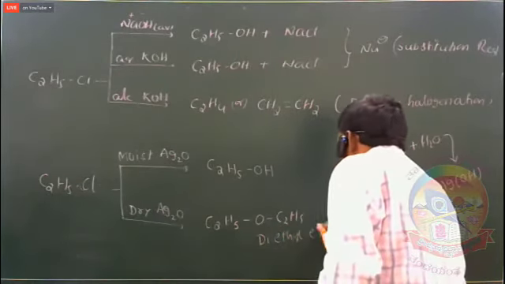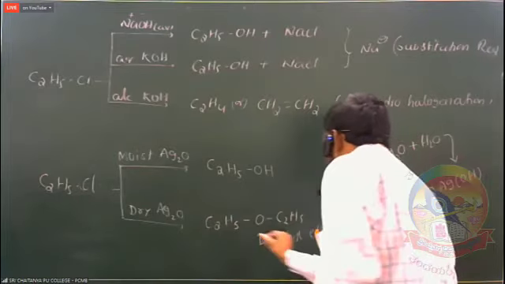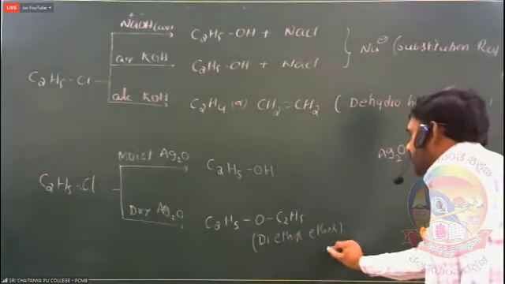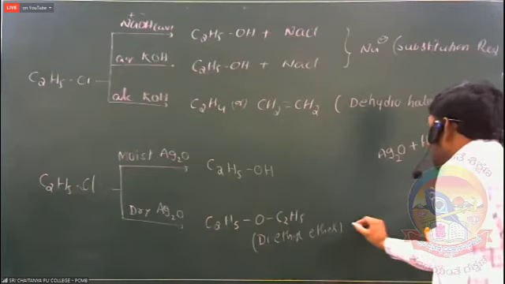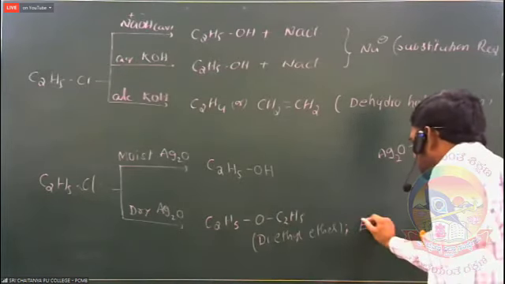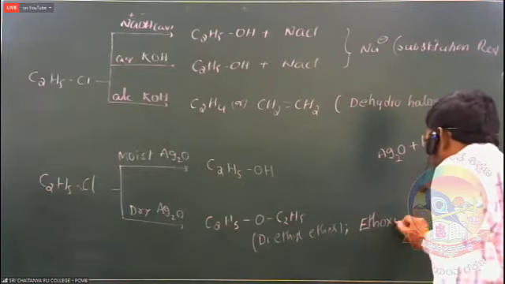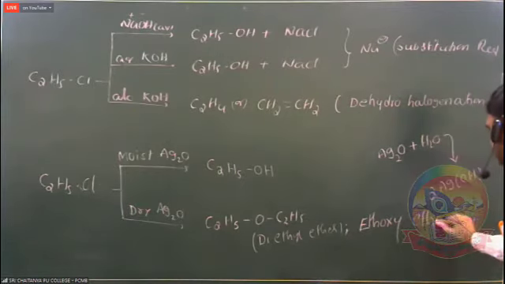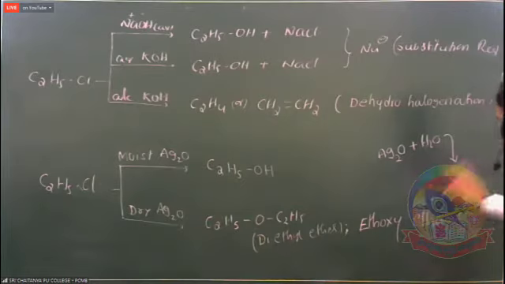The IUPAC name is ethoxyethane. What is the IUPAC name? Ethoxyethane.